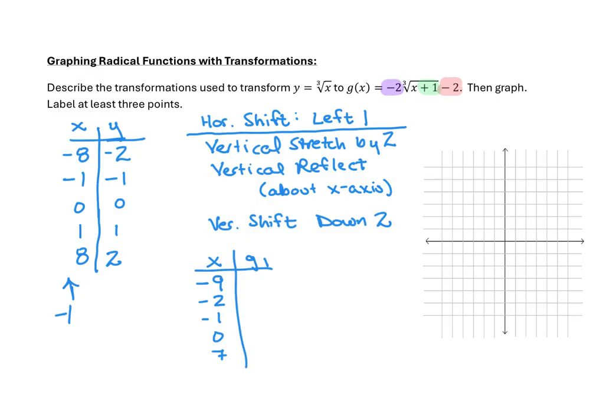So -2 times -2, we get +4. -1 times -2, we get 2. 0 stays 0. 1 times -2 is -2. And 2 times -2 is -4. So what we are doing here is just multiplying by -2.